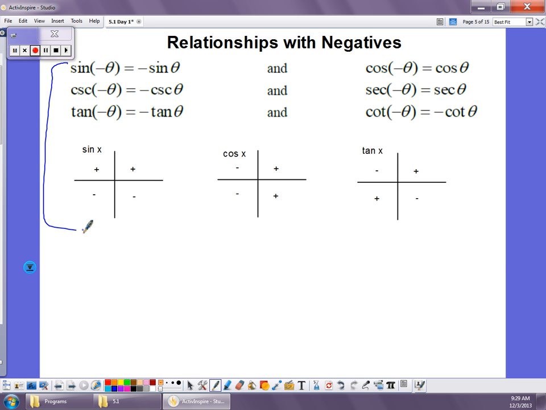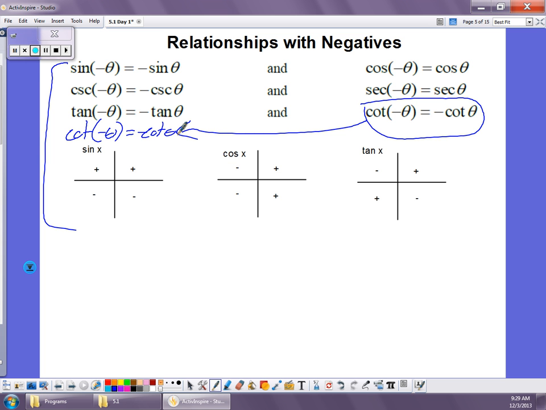So any of these three, if you have a negative angle, you can simplify that by bringing the negative out front and having a positive angle. Whereas with cotangent as well. So this should really be, that would make more sense if this was over here. So cotangent of negative theta equals negative cotangent theta.